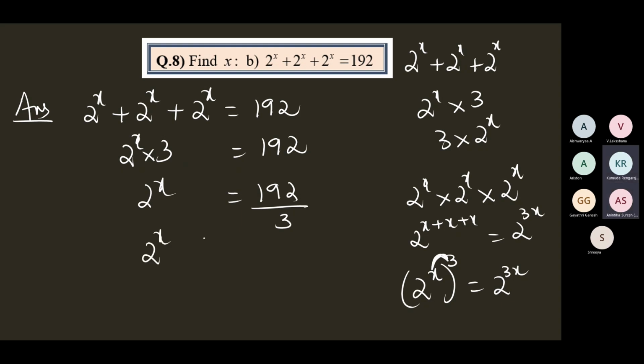Now 2 to the power x is equal to, what is 192 by 3? 3 6s are 18, 1 carried over, 3 4s are 12. So it is 64. Now express 64 in base 2. What is 64 in base 2? Is it 2 square or 2 cubed or 2 to the power 4? 2 to the power 6.